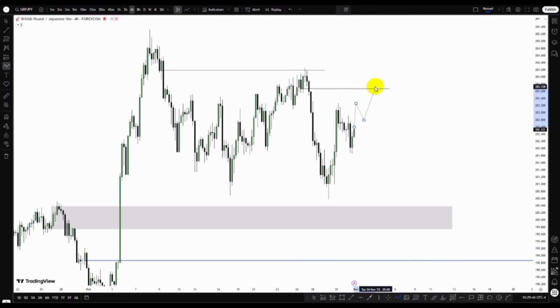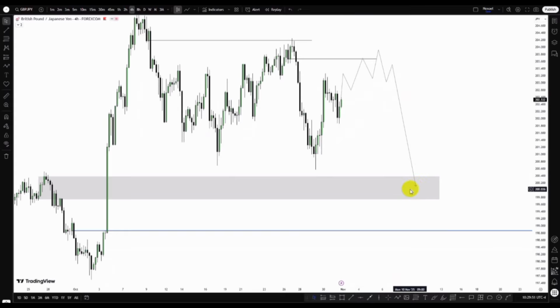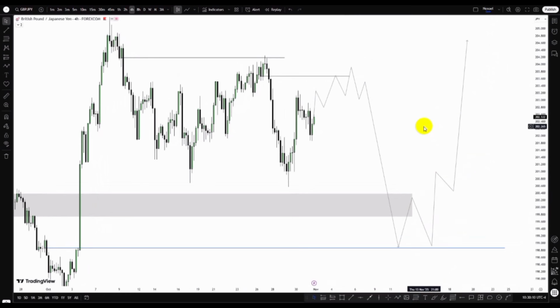If that gives us a sell reason, then we'd want to sell to the breaker and wait to see what happens here. If price doesn't print the bullish model here, then we have the next level here to consider for the possibility that price will print the bullish model for us, to have GBPJPY continue bullish to the upside. So this is what I have to show us in GBPJPY, guys.